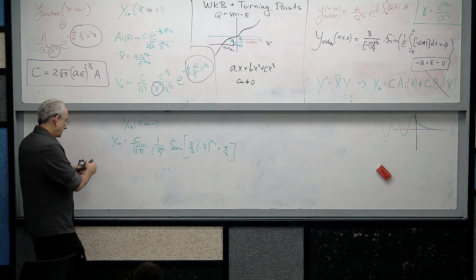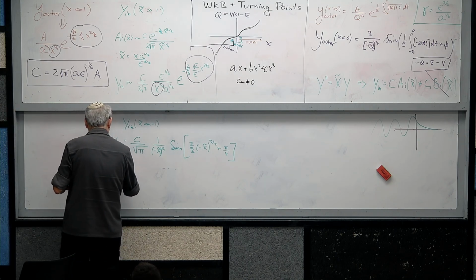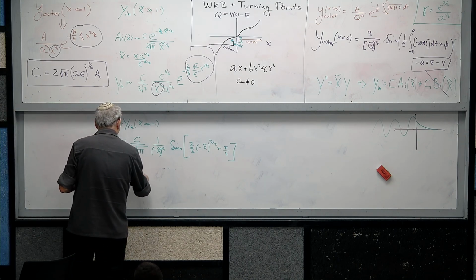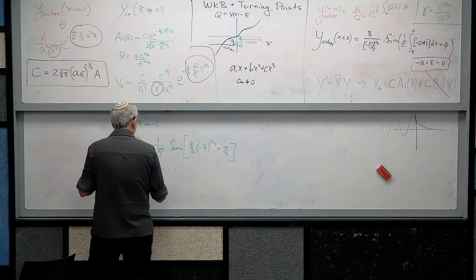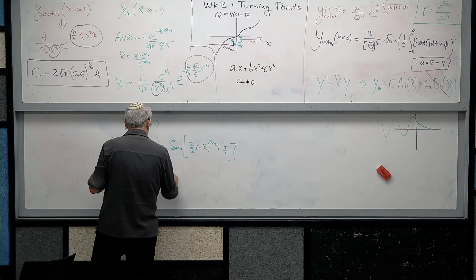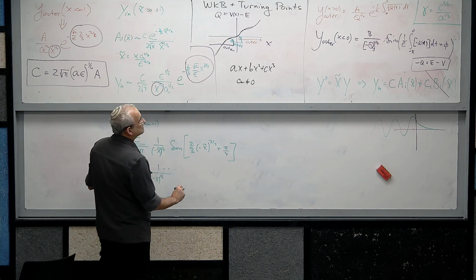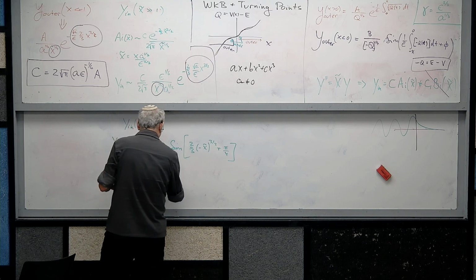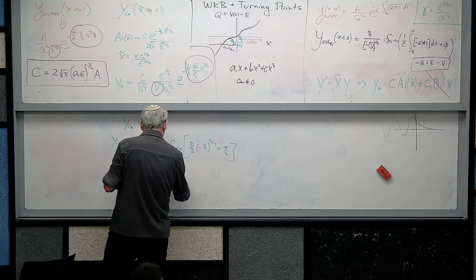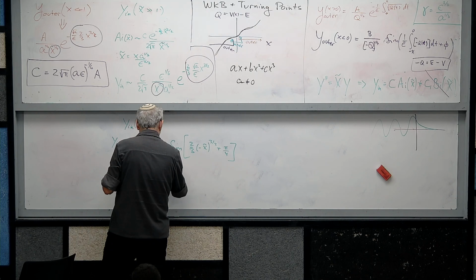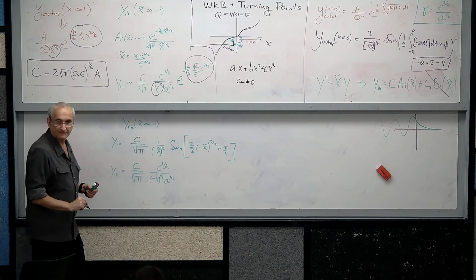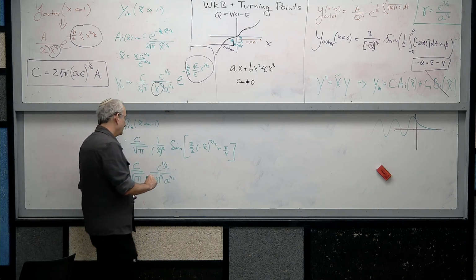Okay? This will be y in is c over square root of pi, and now I have 1 over minus x to the power of 1/4 times a to the power of 1/12, and here we have epsilon to the power of 1/6, right? Same thing as before.